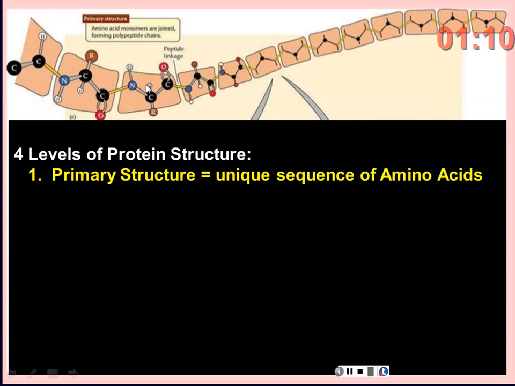If each one of these is an amino acid, and you've got these R groups that are hanging off the side, right? And you saw in the previous slide that those R groups have properties associated with them. Well, some of the R groups are hydrophobic, some are hydrophilic. So you've got this long chain of amino acids.